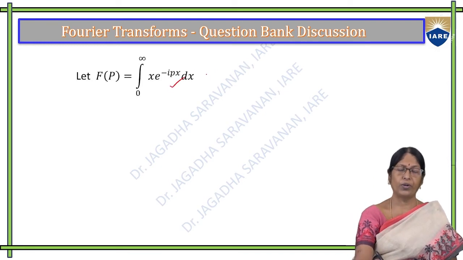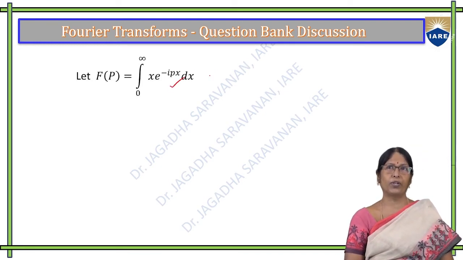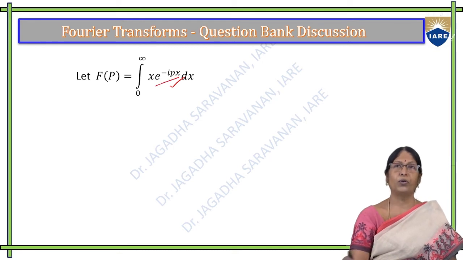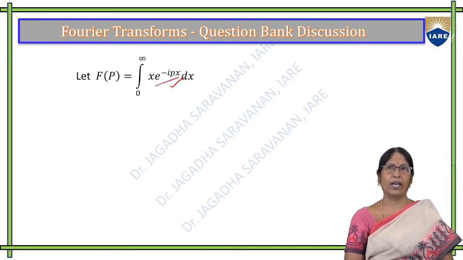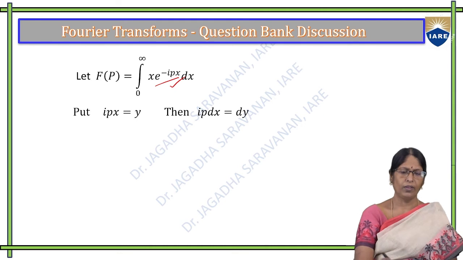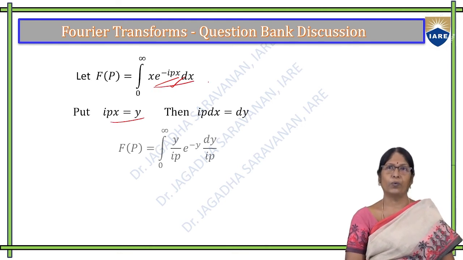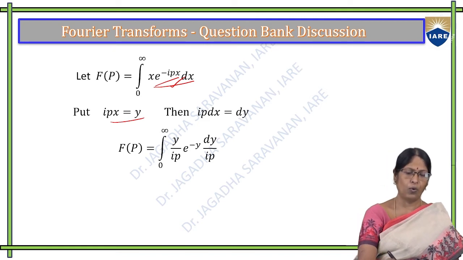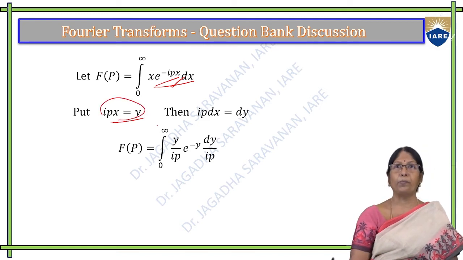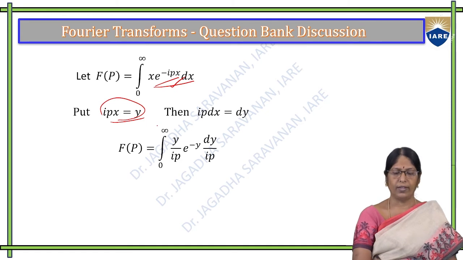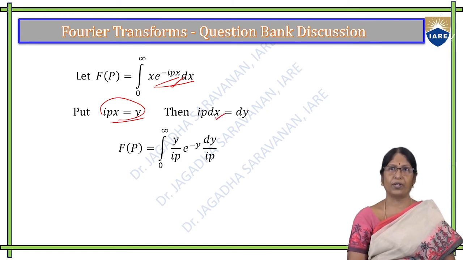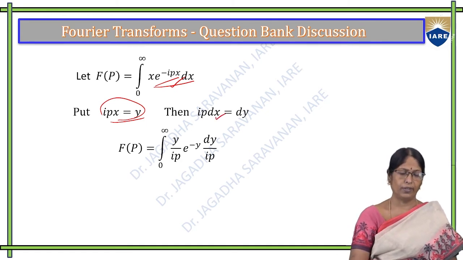So here we are noticing sine and cos put together, we have put the notation e power minus ipx. Wherever the x term is there, instead of x we are going to use the substitution method. In terms of y, we are going to change, for which we have taken ipx equal to y. Then we are doing the differentiation.